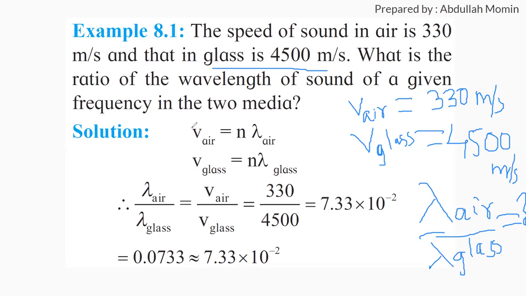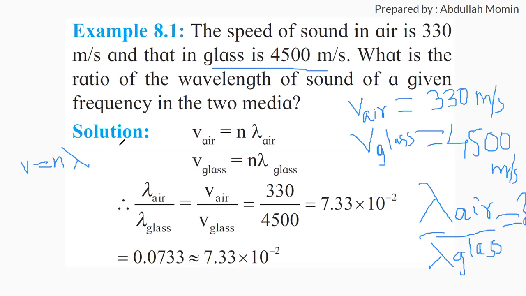So we know that the formula of speed of sound is V is equal to n lambda, and for air it can be written as V air is equal to n lambda air, and for glass V glass is equal to n lambda glass.